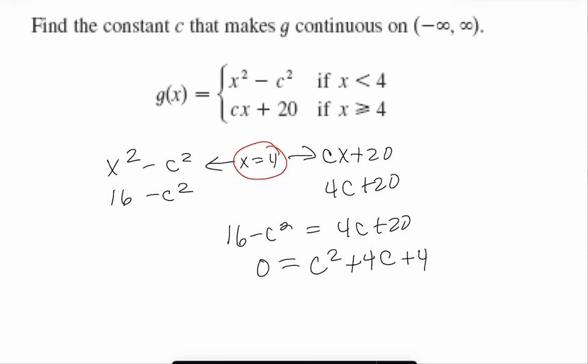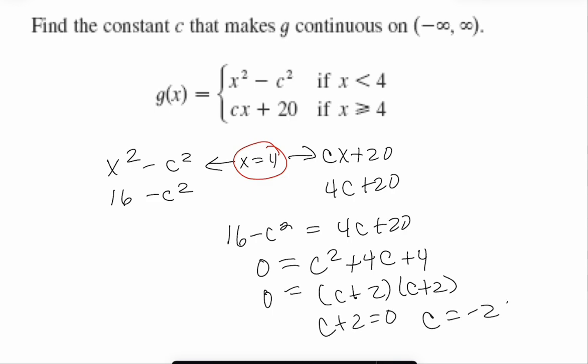Now that's a quadratic. Hopefully you know the correct methods to solve a quadratic. The most common is to factor or use the quadratic formula. Whatever floats your boat. If you like the quadratic formula, go for it. If you're a factoring person, hopefully by now you recognize that this is c plus 2 and c plus 2. So there's just one value where c plus 2 equals 0.